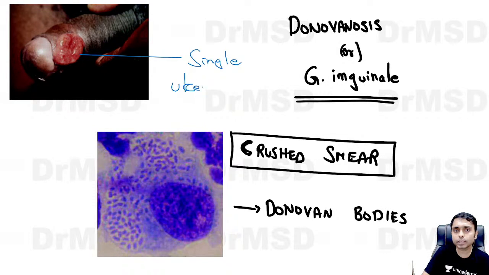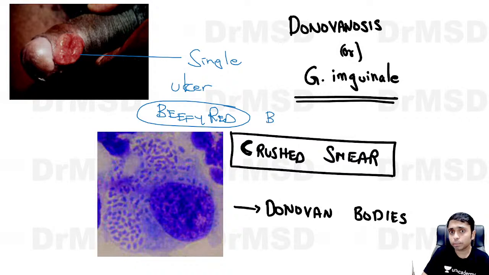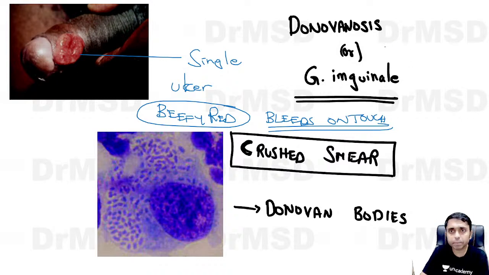ulcer can be noted. And the characteristic of this ulcer is it is going to be a beefy red ulcer, which will bleed very easily on touch. Bleeds on touch. And this bleeds on touch characteristic is not only a patent or trademark of Donovanosis.